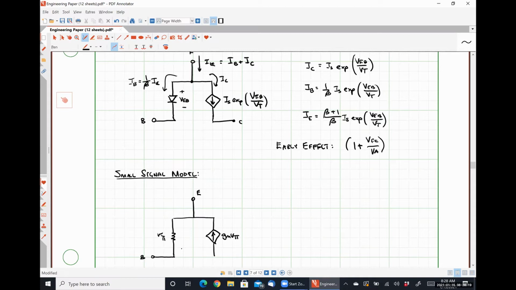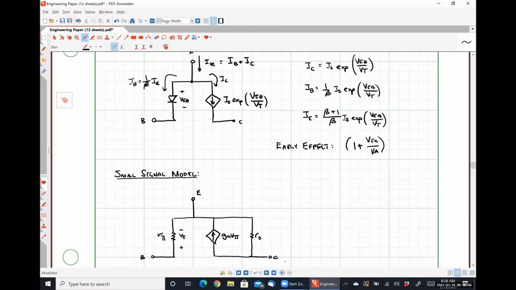And V pi is still based on the base emitter voltage, not the emitter base voltage. So in the small signal model, let me go ahead and include the early effect out here. Here is R naught.